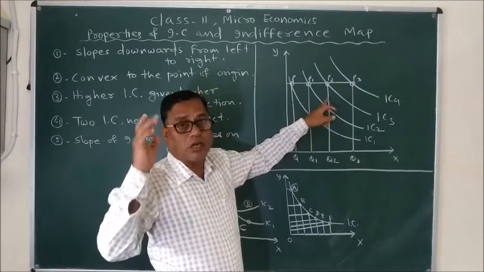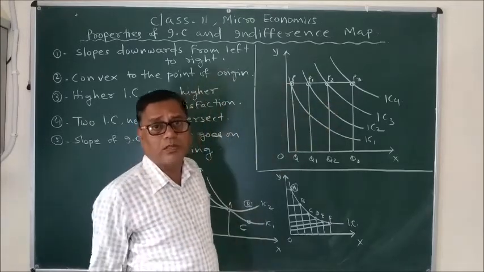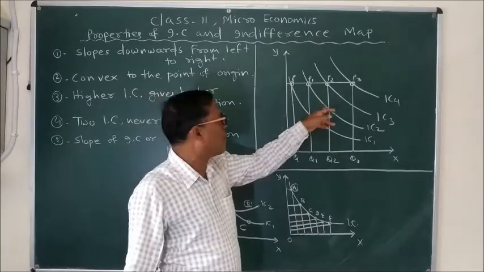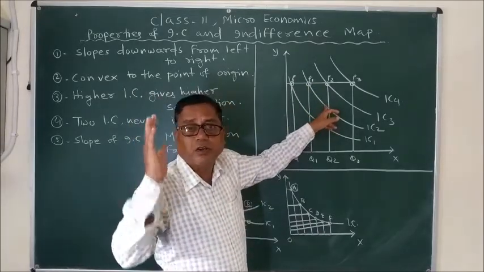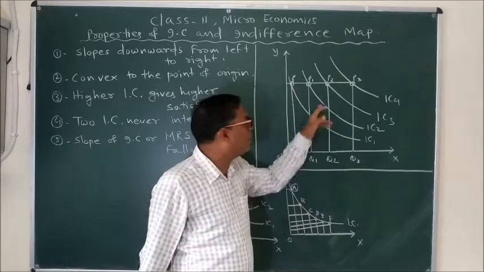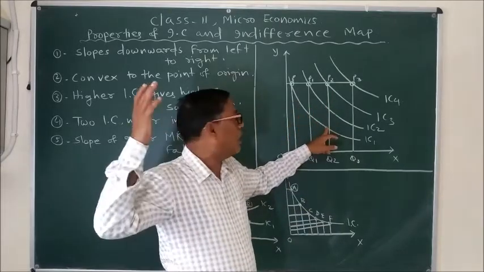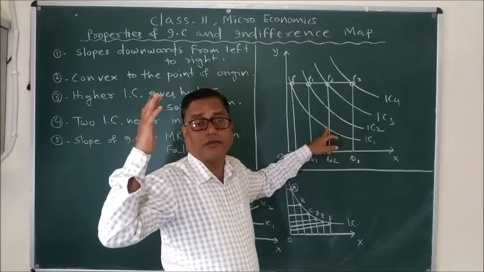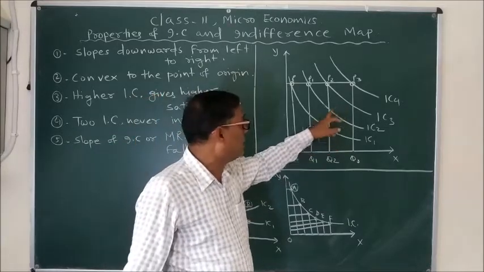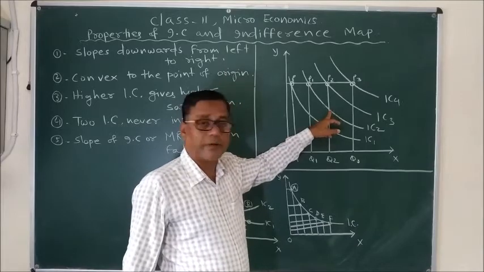That means the level of satisfaction our consumer will derive from point D, which lies on indifference curve 2, would obviously be more than any of the points A, B, C that lie on an indifference curve that is lying below indifference curve 2.